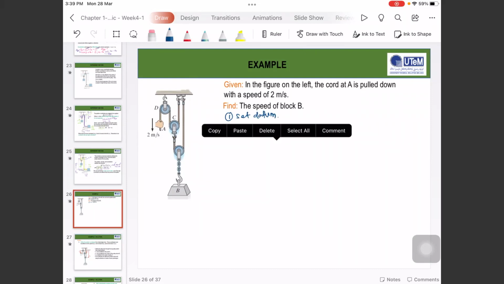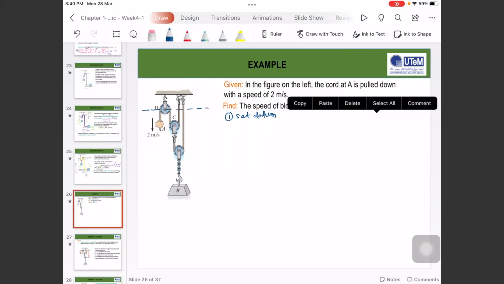So kat sini datum kita. Okay. So kalau datum ke bawah positif, sebenarnya sini adalah positif. Bawah adalah positif.